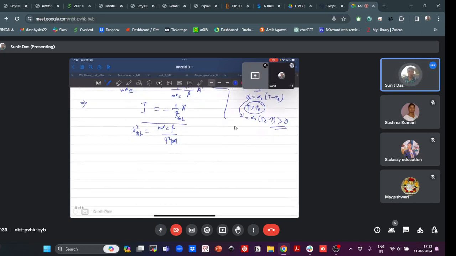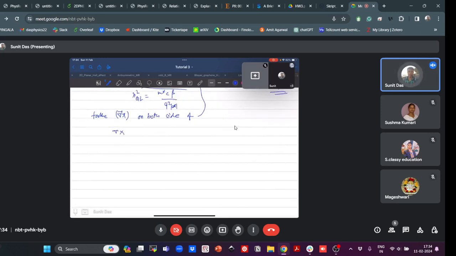Now if you take curl on both sides of this equation, then we'll have curl of j equal to minus 1 by lambda GL square curl of a, right? This means curl of, again, what was j, equal to curl of b, right?